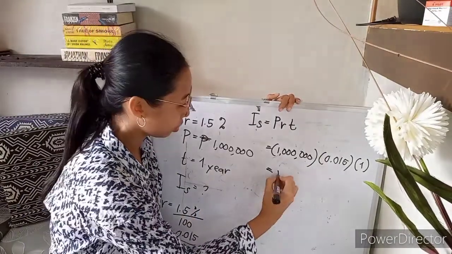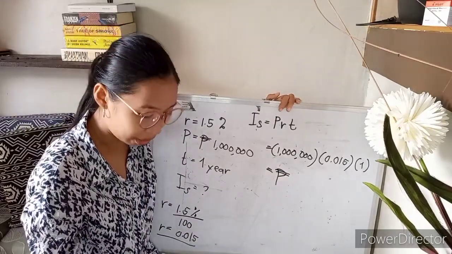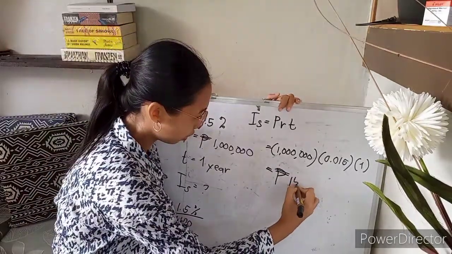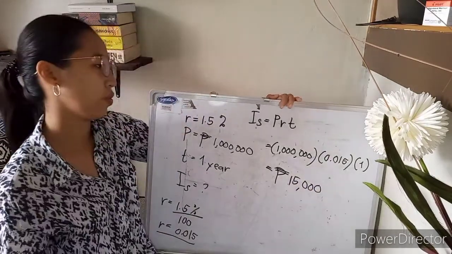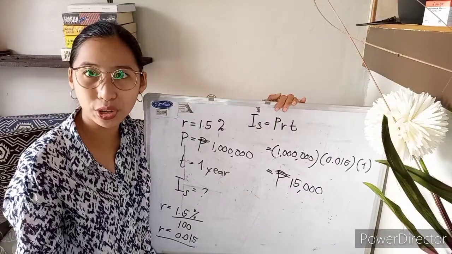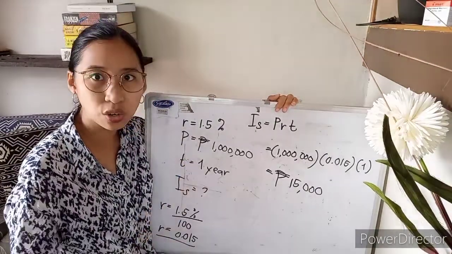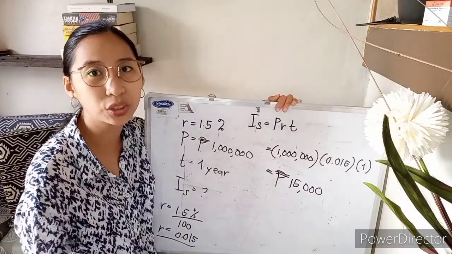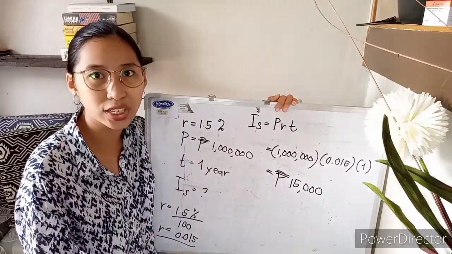And this is actually going to result to an interest of pila? 15,000 pesos. So, ayan, mao ni siya ang tubo sa imuhang 1 million kung imuha siyang i-deposit sa katong savings account for a year with this kind of interest rate.